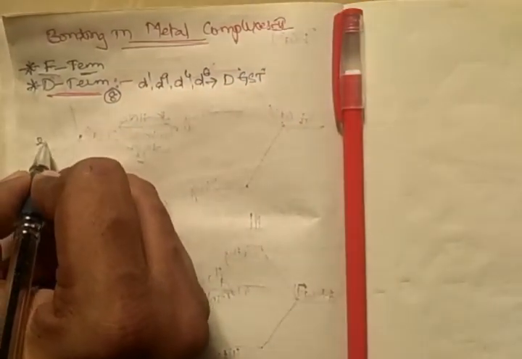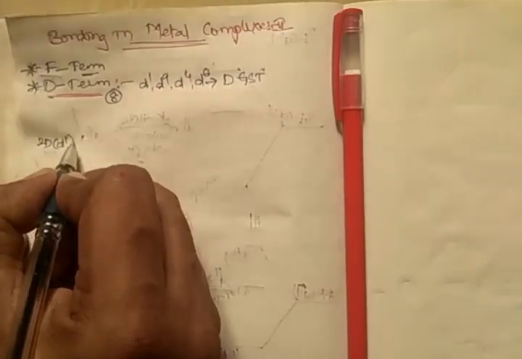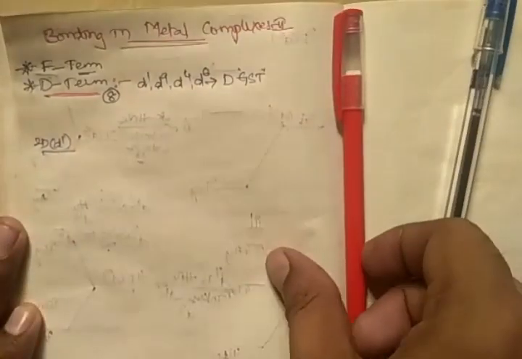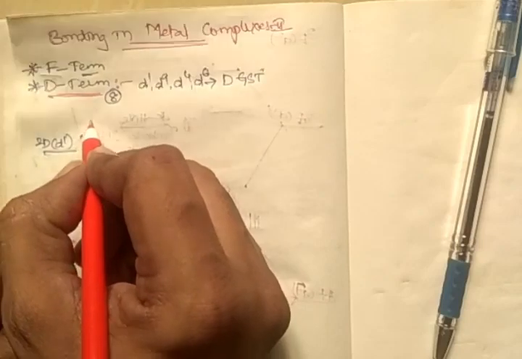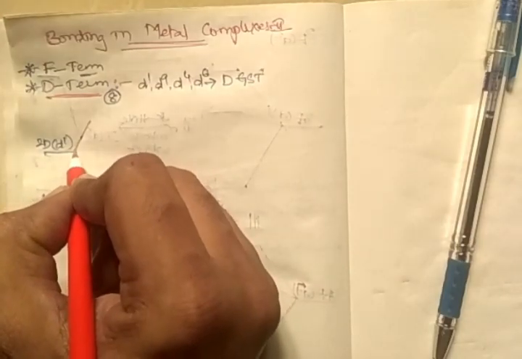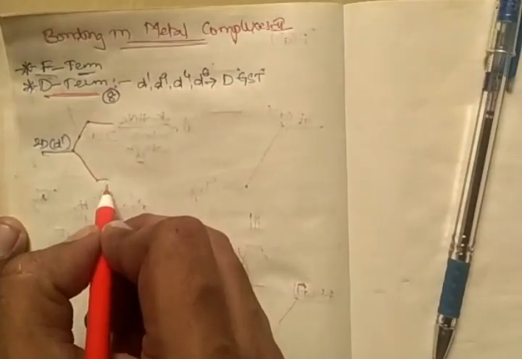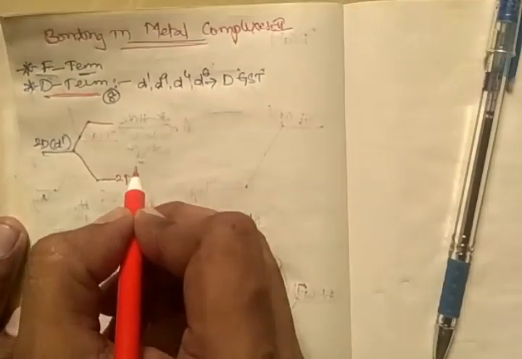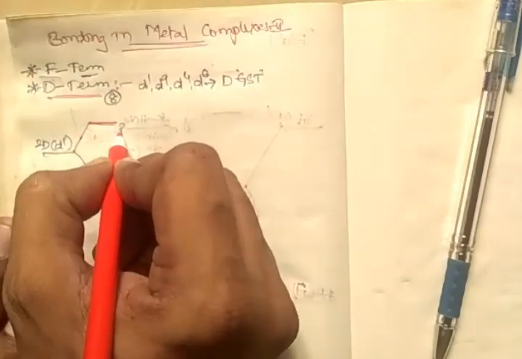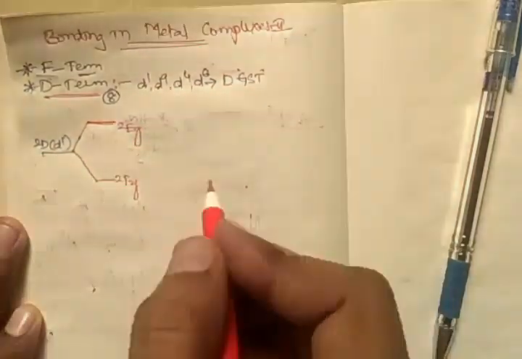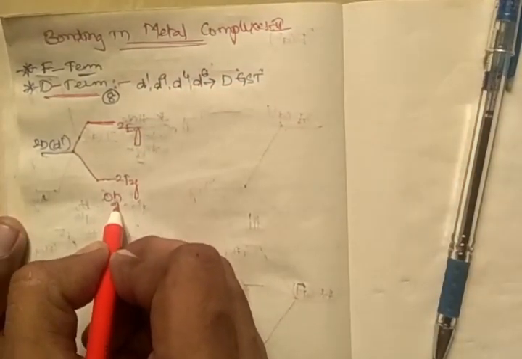So the 2D term in the d1 electronic configuration has a splitting of 2T2g and 2Eg, with 2T2g in the lower energy state and 2Eg in the higher energy state in an octahedral crystal field.